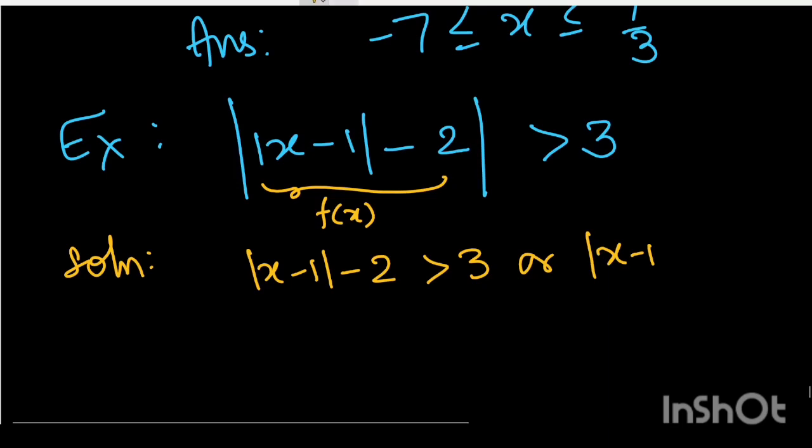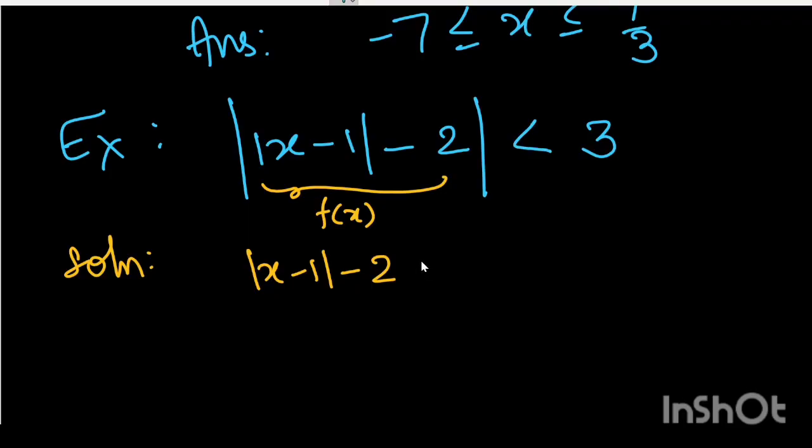Let's change this question a bit, guys. Instead of greater, I will place a less than sign. So mod fx less than a means what, guys? Fx is from minus a to plus a.